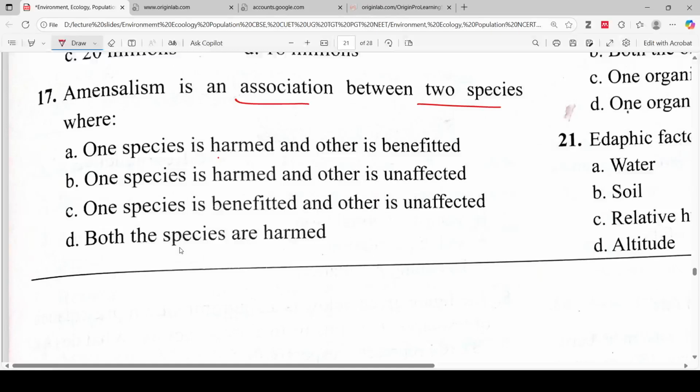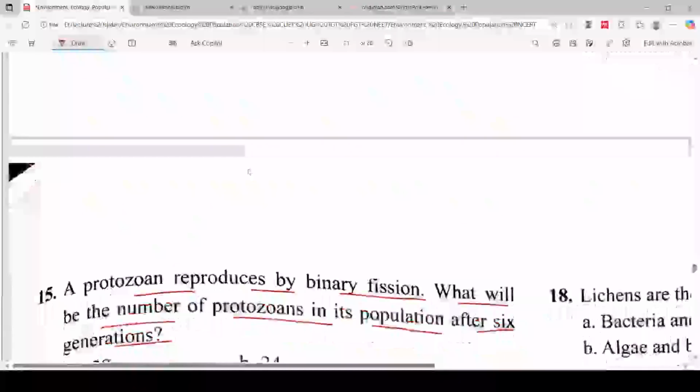So the correct answer will be option B. One is harmed and the other is unaffected.